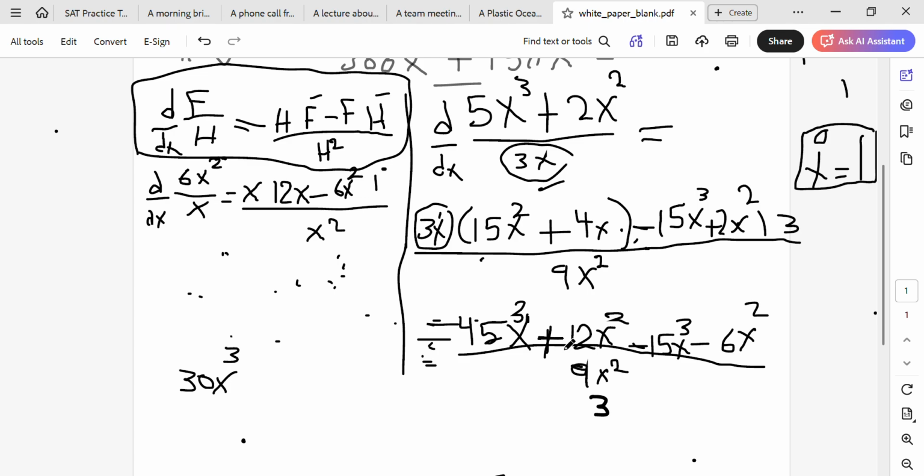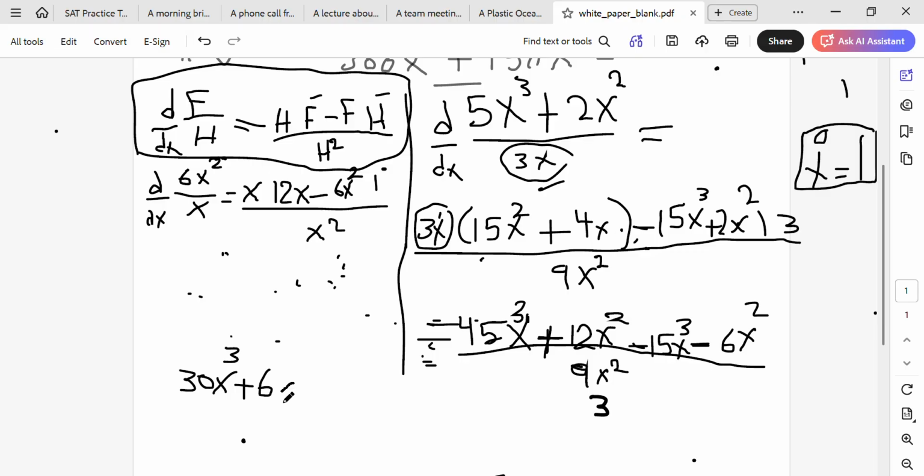Since the sign between the terms here is positive but this one is negative, I subtract 12 minus 6, that will be 6. Remember to pay attention to the signs: which one is greater, 12 or 6? Of course 12 is greater than 6, and since 12 is positive, I put positive plus.